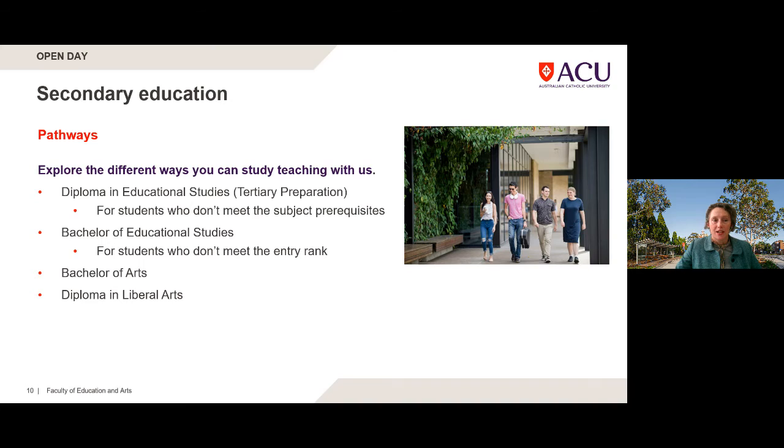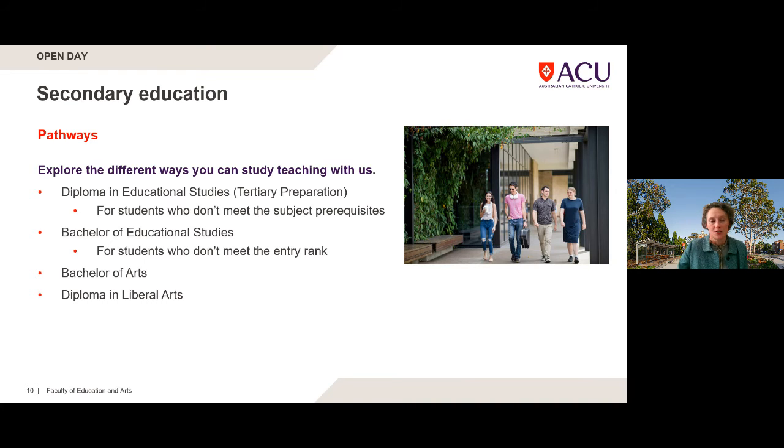With secondary education, as I mentioned, if you don't meet all of the academic criteria, there are other pathways that you can consider. So you might look at some of these alternative pathways. So you can basically enrol in another area. You can enrol in another sort of degree program which will lead you into this dual degree.